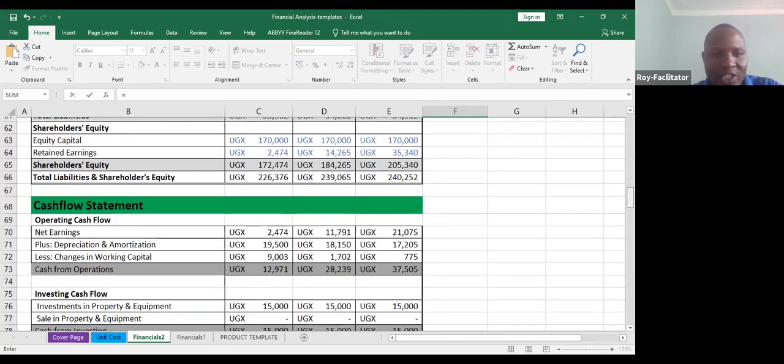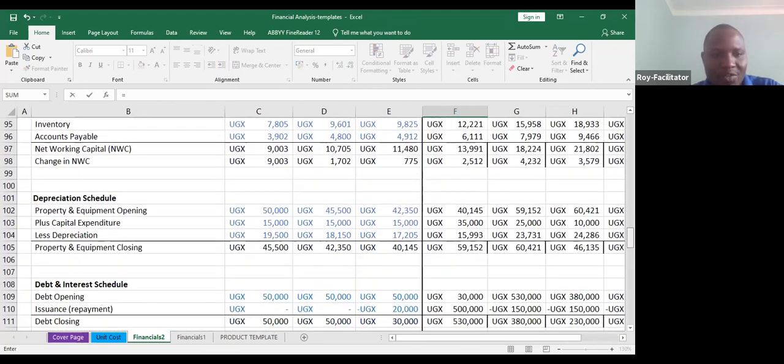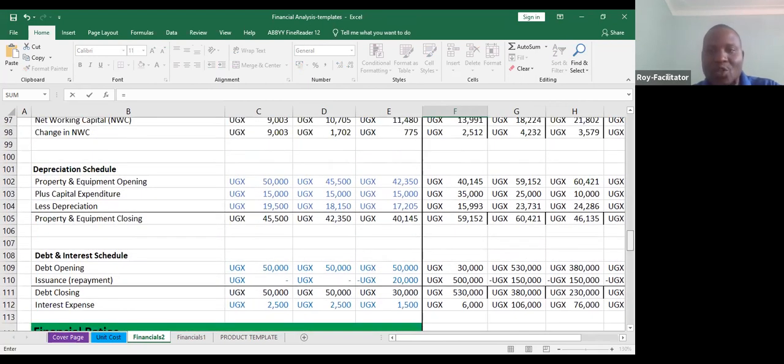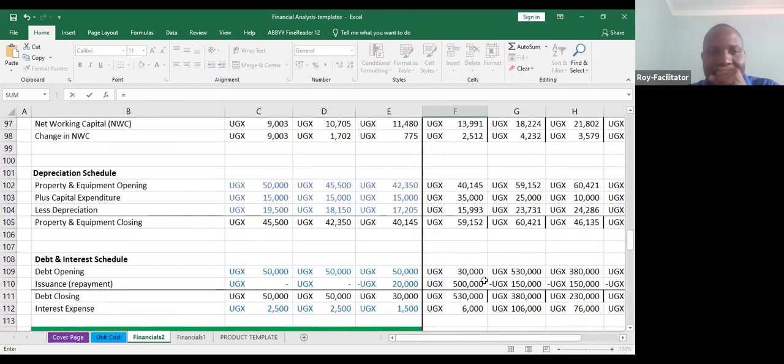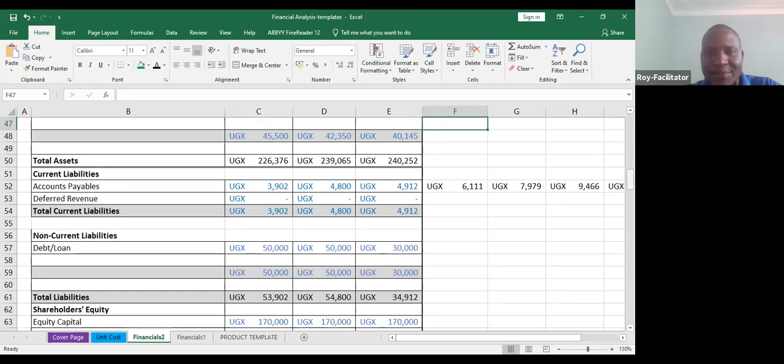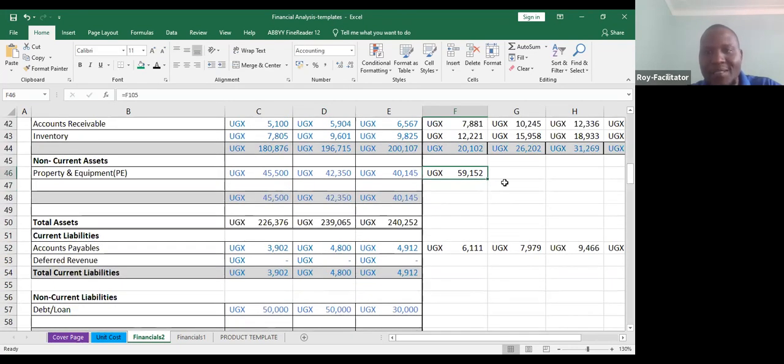I'll just go to the working schedule. Where's the working schedule of debts and of property? So I will pick the closing property and equipment and put there. All right. So that is my property and equipment and extend. Okay.